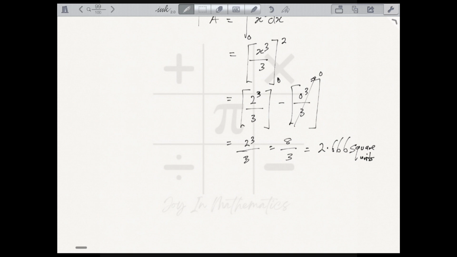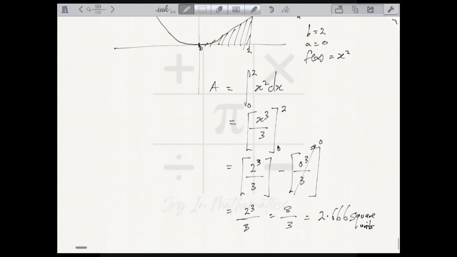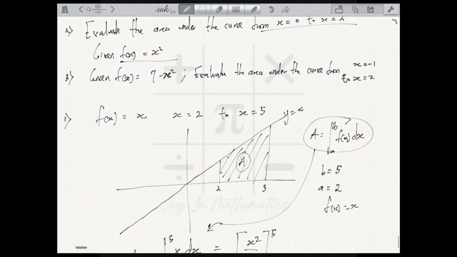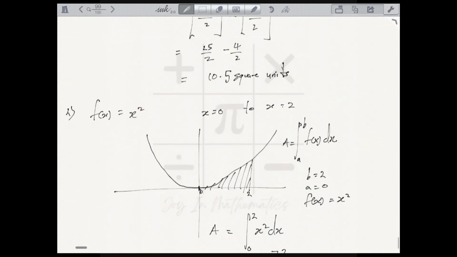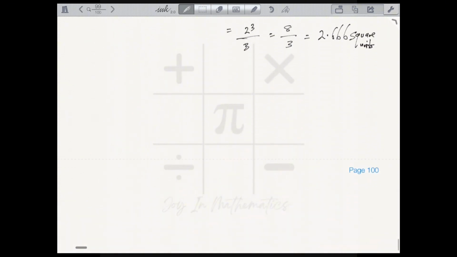Let's take the final example. We're given f of x equals 7 minus x squared, and we are given the boundaries of x equals minus 1 to x equals 2. This is number 3.